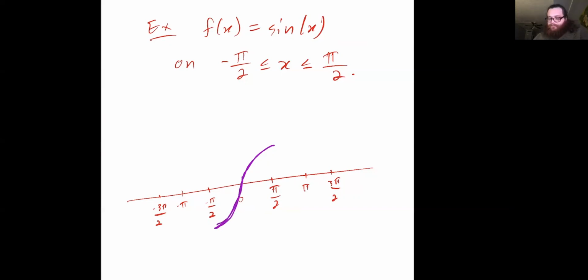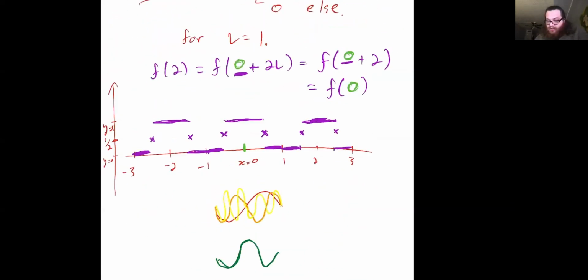So this is our function in the interval negative pi over 2 to pi over 2. For its periodic extension, take the same profile and copy it to the left and right. So we're going to get something like that, and then something like that. So that's the periodic extension.